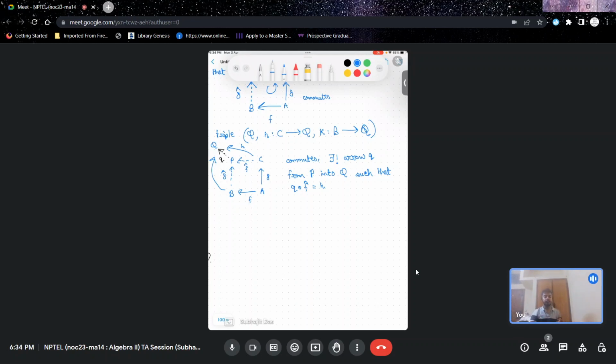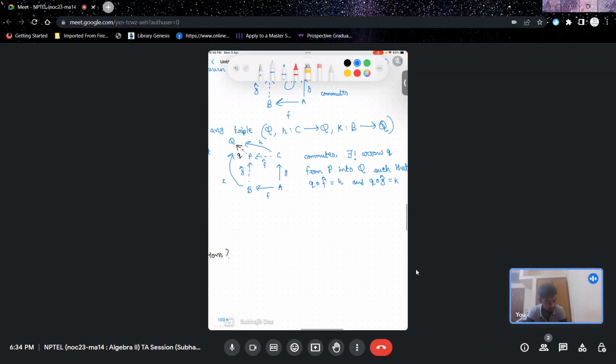In other words, q composed with g hat is equal to k.